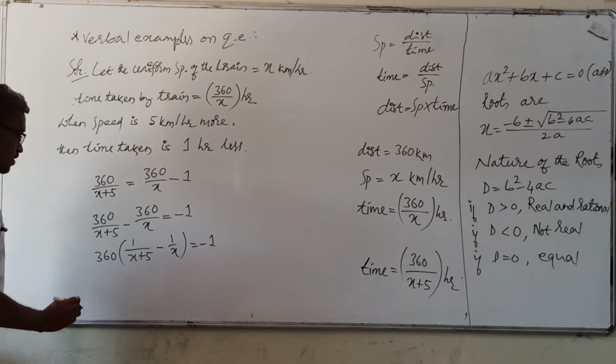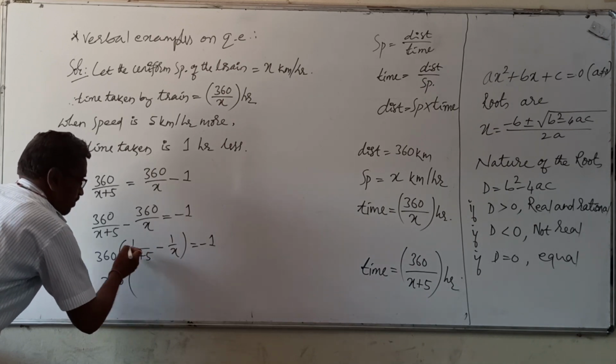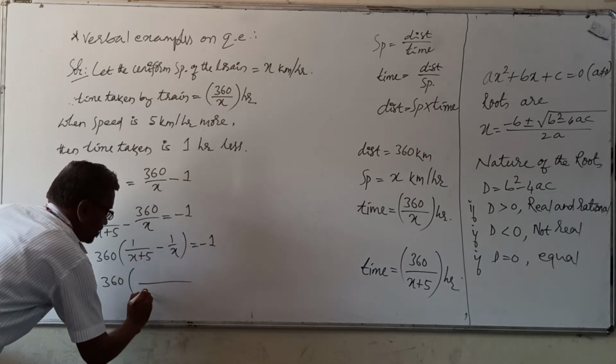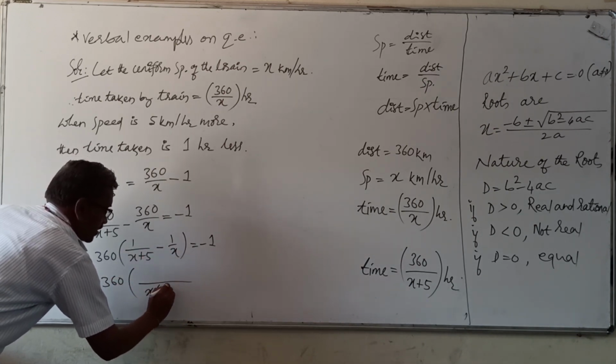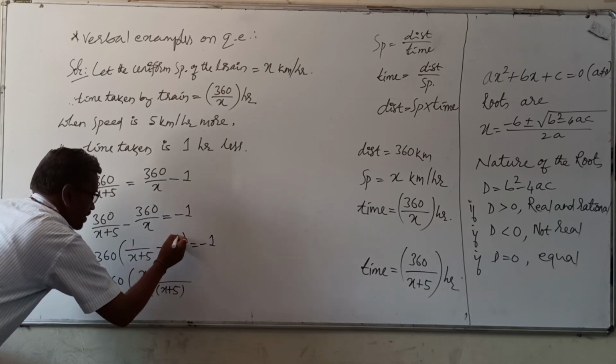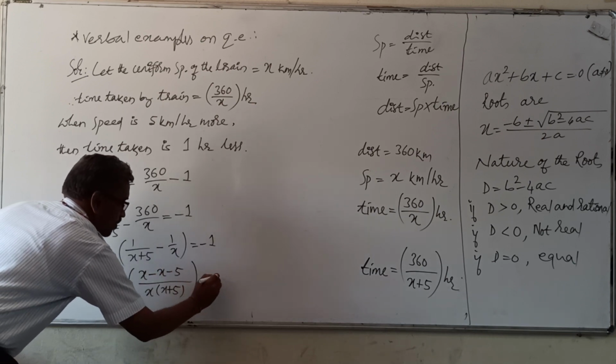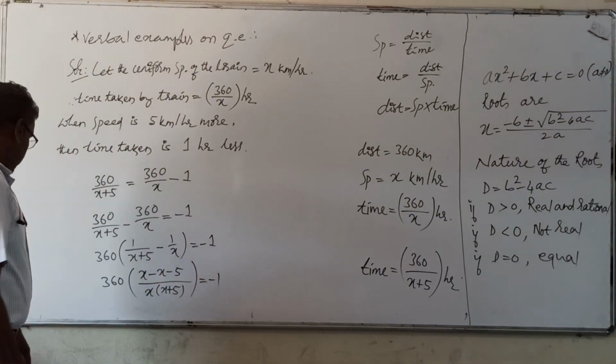Simplification, so by cross multiplication and LCM, x into bracket x plus 5 is the LCM. This is x, this minus is applied, minus x minus 5 equal to minus 1.